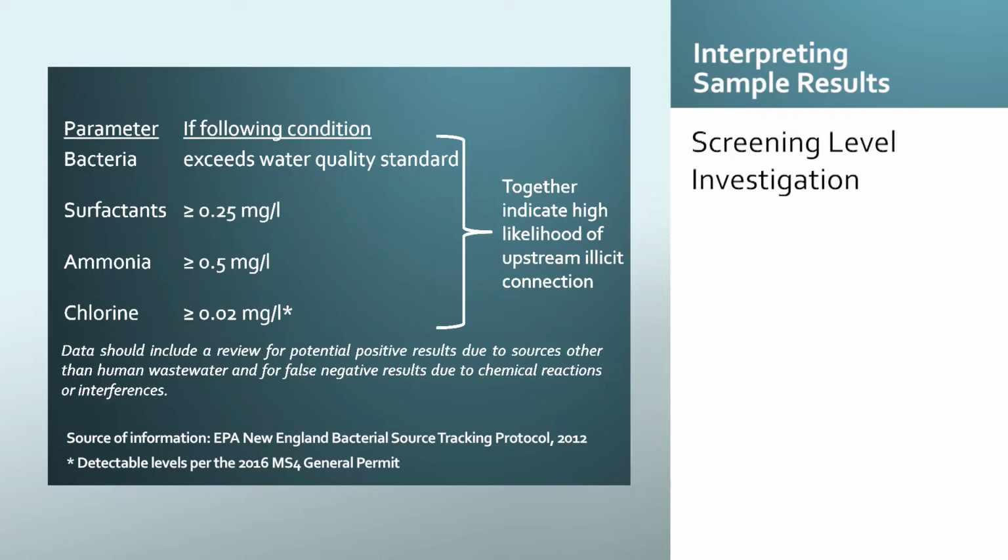However, the protocol also warns that evaluation of the data should include a review for potential positive results due to sources other than human wastewater and for false negative results due to chemical reaction or interferences.